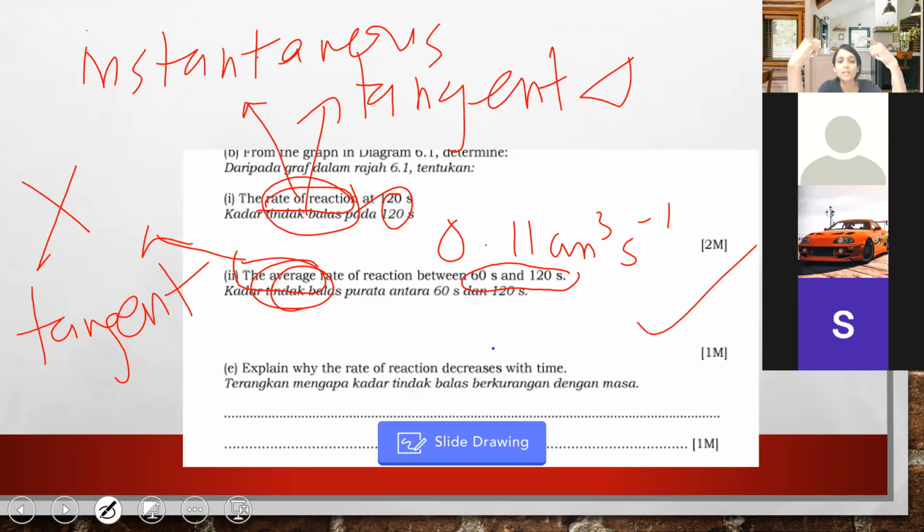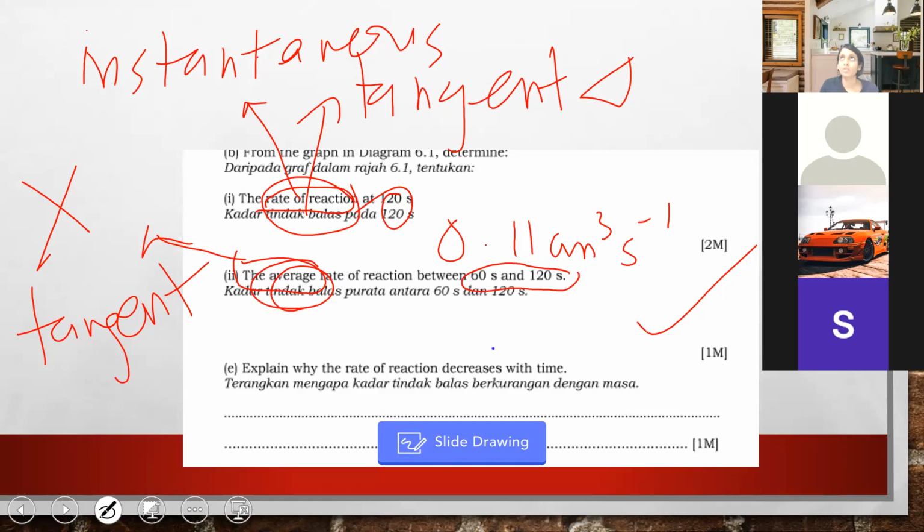Do you understand the difference between rate of reaction and average rate of reaction? Which one must I find the tangent? Rate of reaction or average rate of reaction? Rate of reaction. Very good.